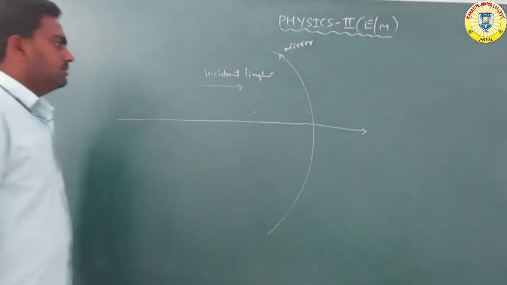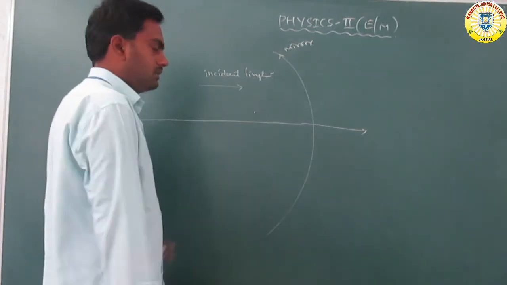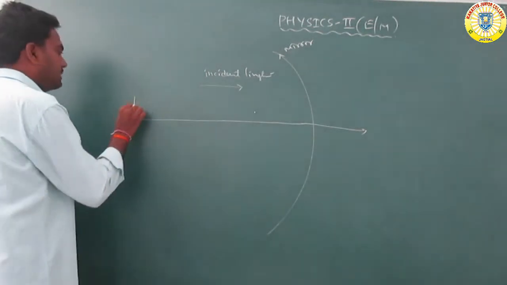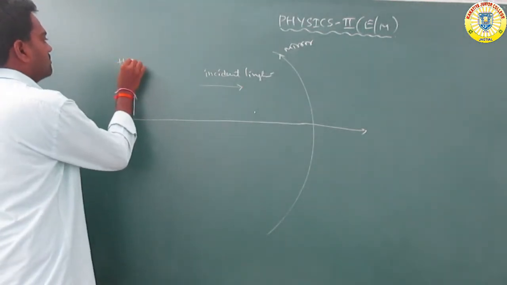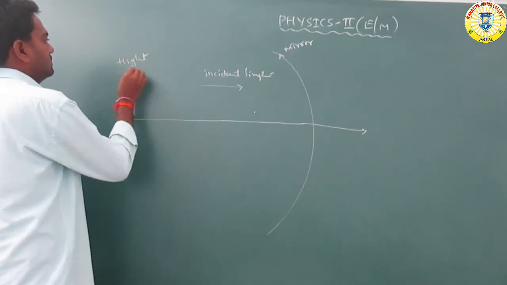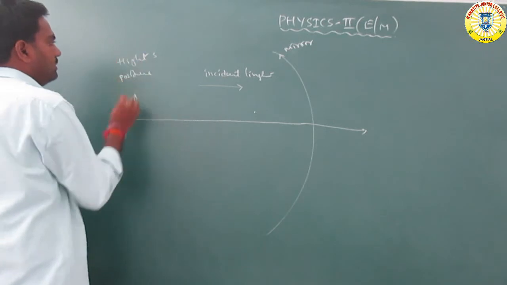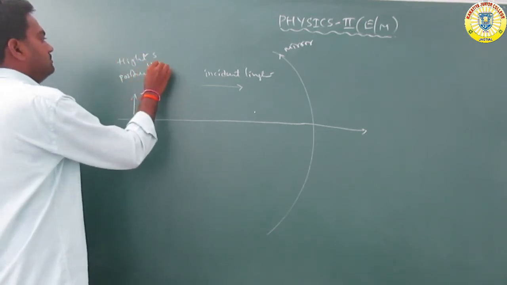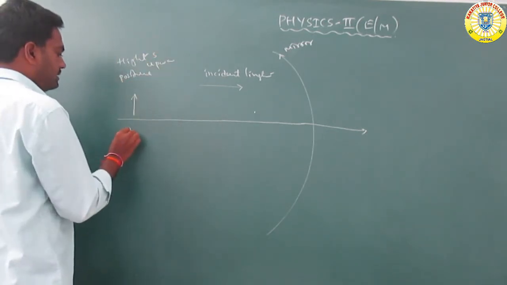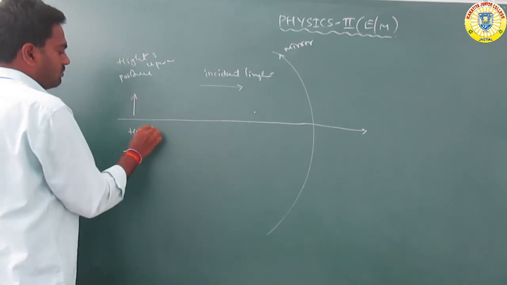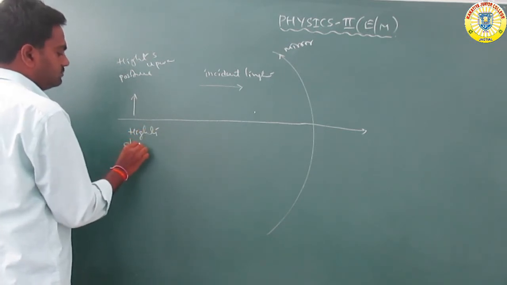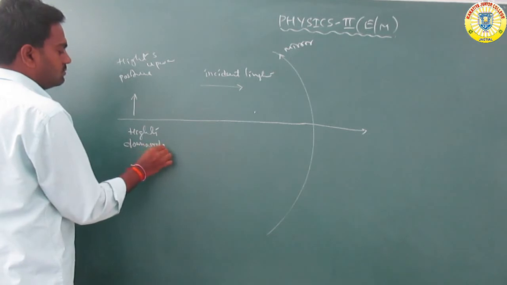All heights are taken in the upward and downward directions. Heights in the upward direction are positive, and heights in the downward direction are negative.